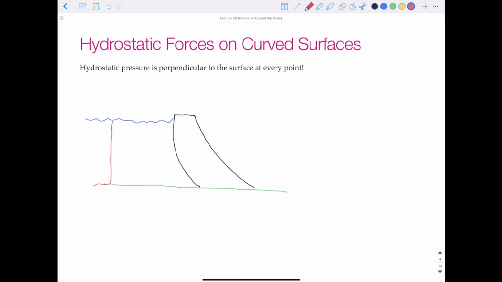Here's our pressure profile. And the pressure that's acting on the surface is going to be always perpendicular to that surface.